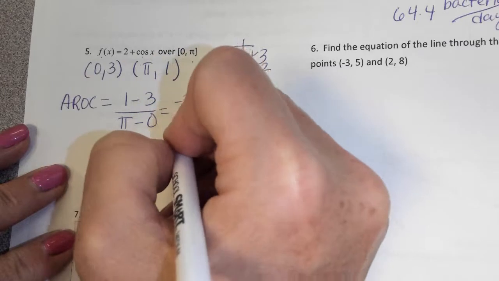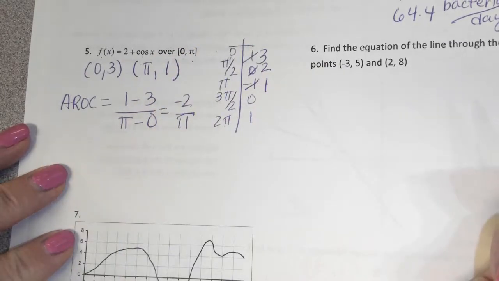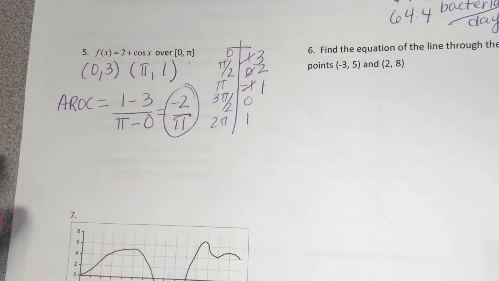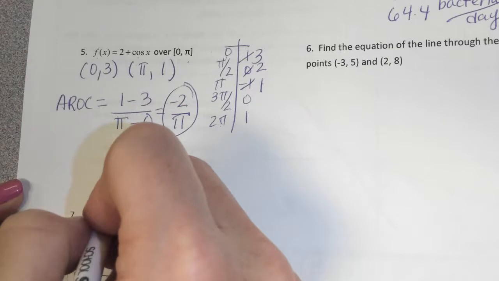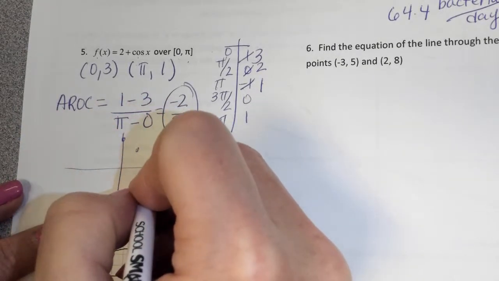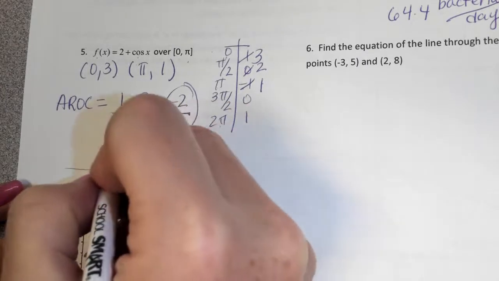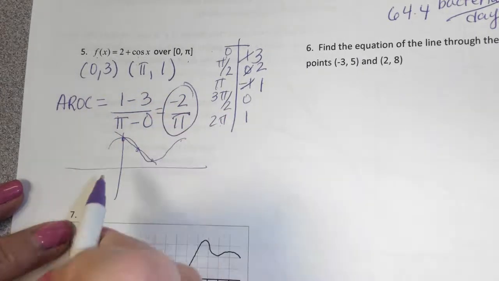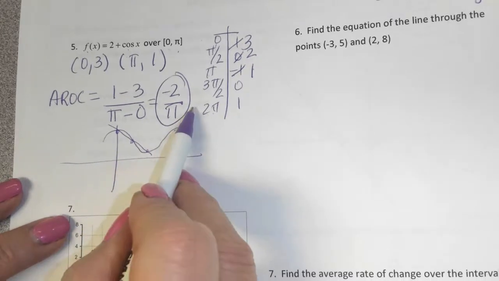Pi minus 0 is pi. And so negative 2 over pi is going to be that average rate of change. If you look at it, we can check. This goes 3, 2, 1. I'm trying to find this average rate of change. I can see it's a negative slope, so that makes sense.